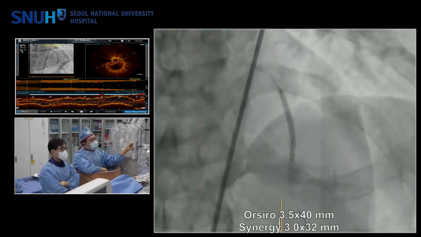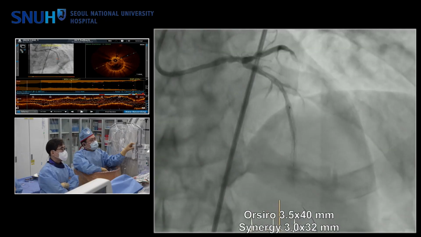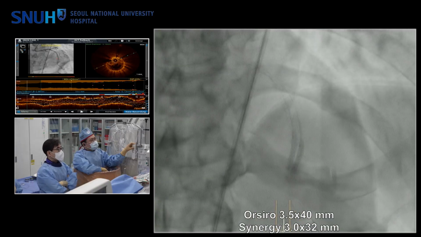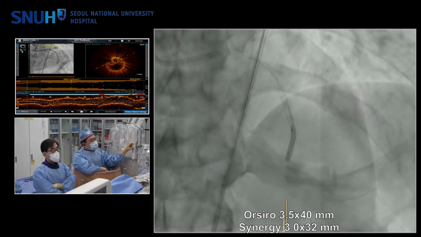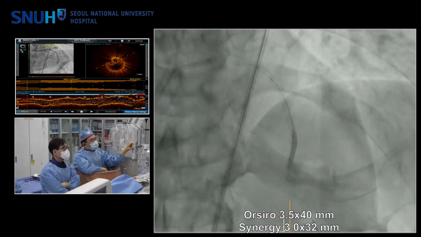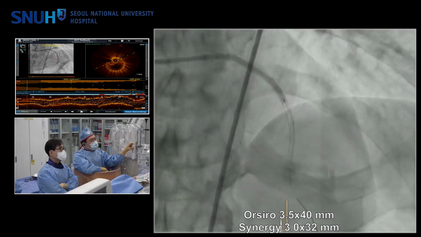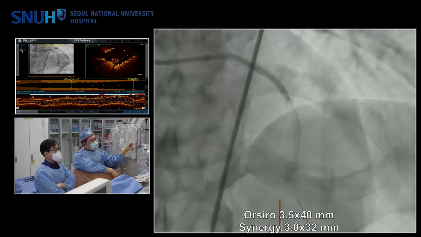Another high pressure, angio. We did a 3.0 NC balloon up to 22, 24. Then we implanted the second stent.